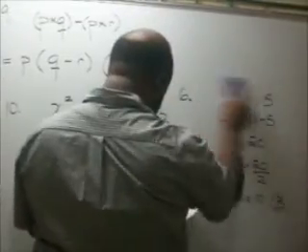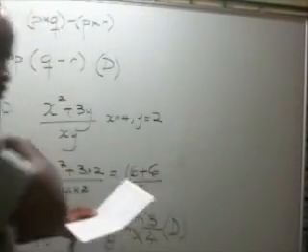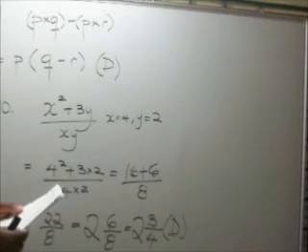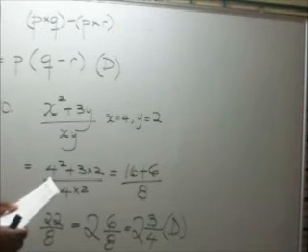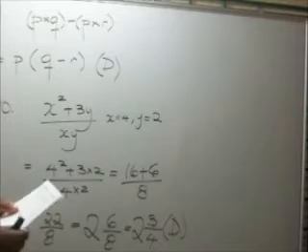Moving along, we're going to look at question number 11. It is a question on sets. It says in a class of 30 pupils, 18 like French, 19 like Spanish. If 9 pupils like neither, the number of pupils who like both is.